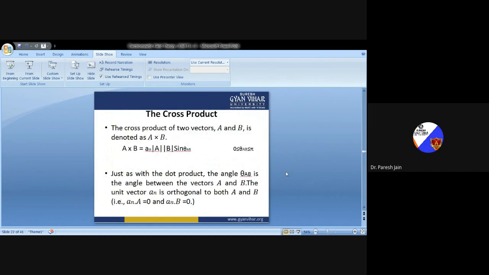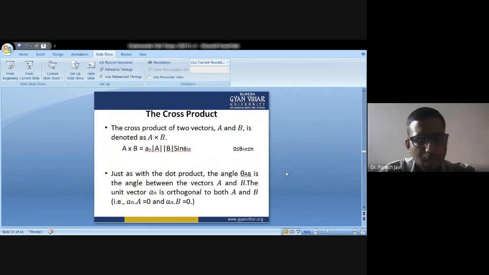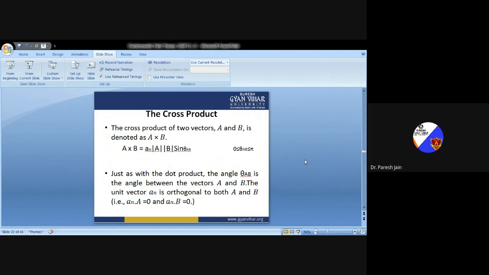Next is the cross product of the vectors. The cross product of the two vectors A and B is denoted as A cross B, which is equal to mod of A mod of B sine theta AB times AN, where the angle theta lies between 0 to pi.